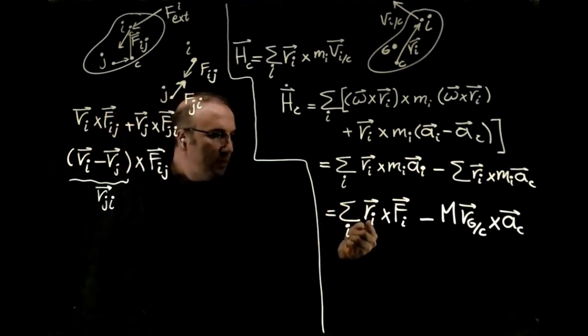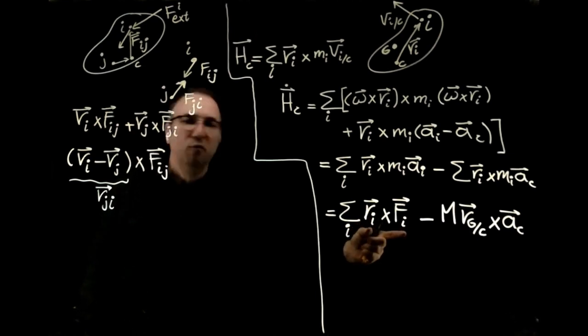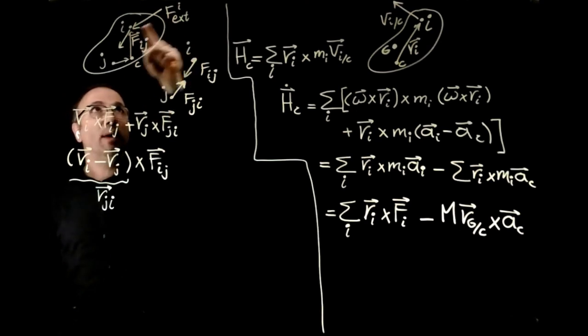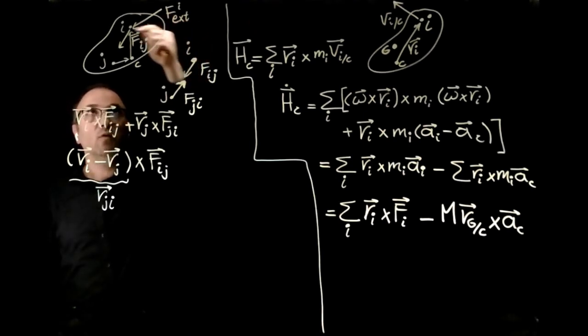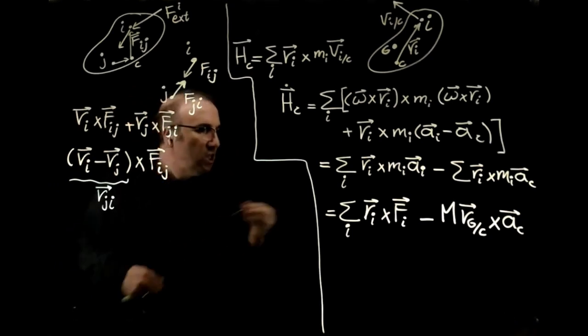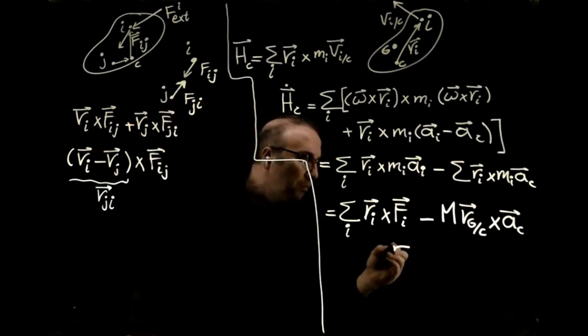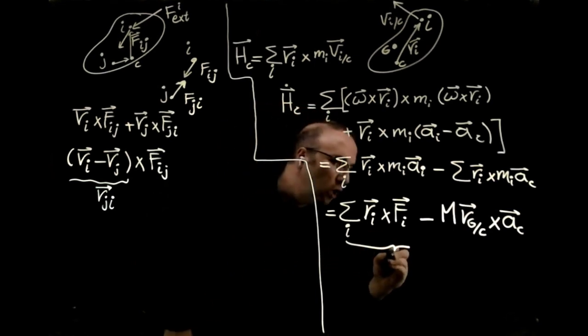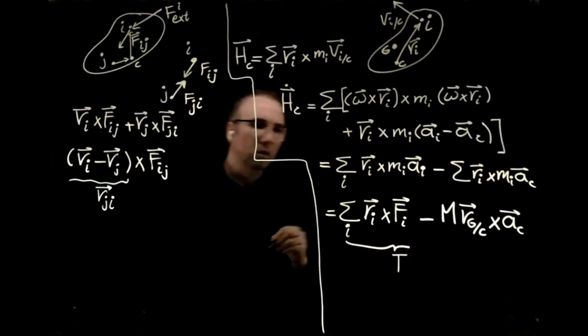What is left would be the moment of the external forces. So for example, if I have one external force, would be the moment, R cross F external. F1 external, F2 external, all the F. So let's call that T. So let's call that total torque, all right?